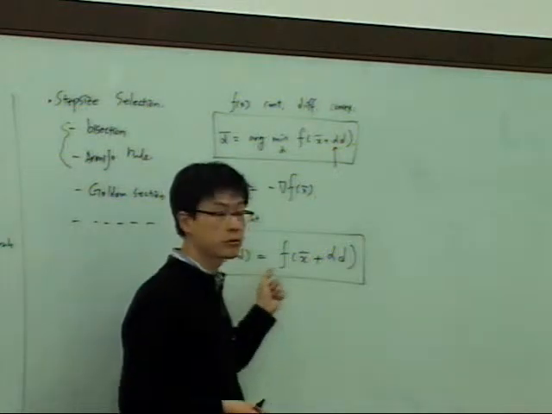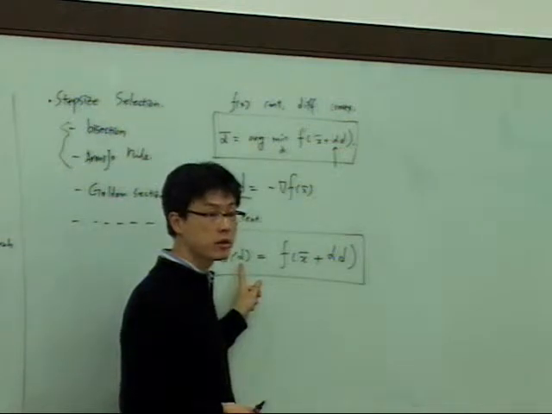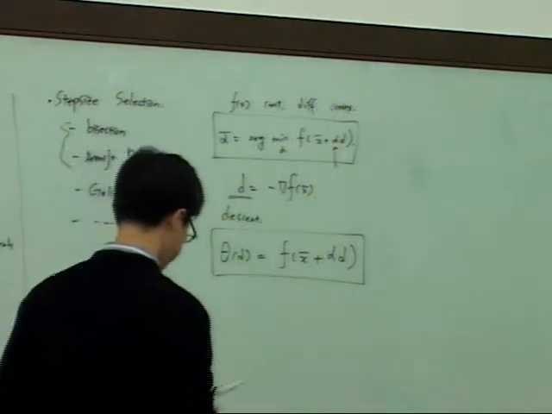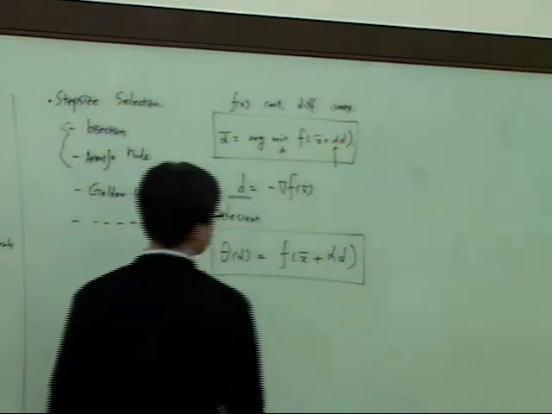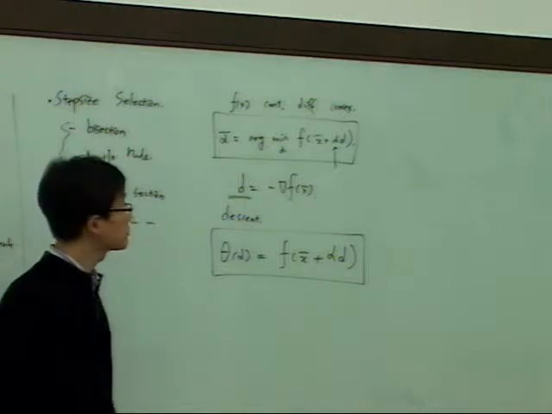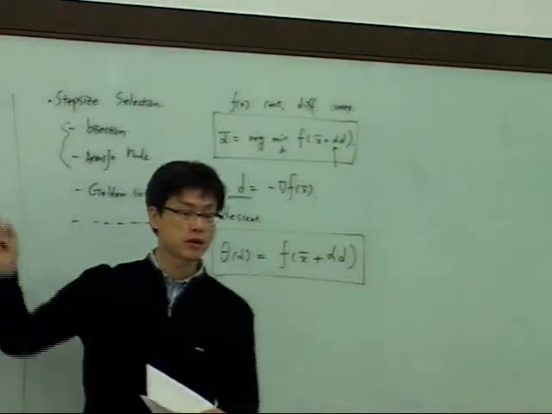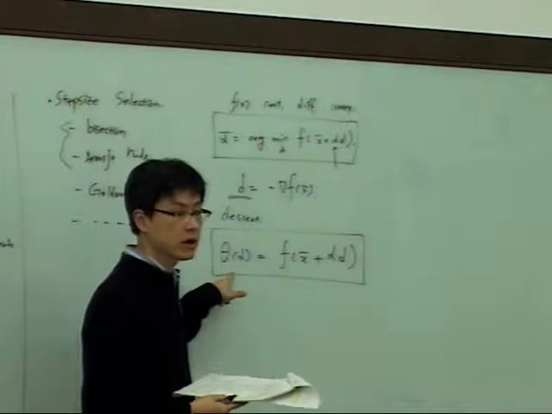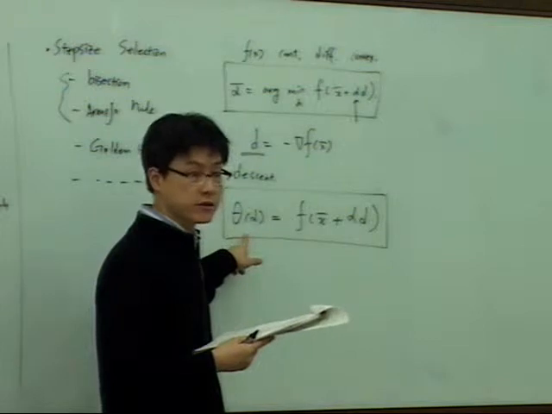So it's just a rewriting of this, because right now alpha is the only variable. Okay? I said this f(x) is continuous, differentiable, and a convex function. Then, according to all these mathematical proofs, we can assume that this theta of alpha is also a convex function.